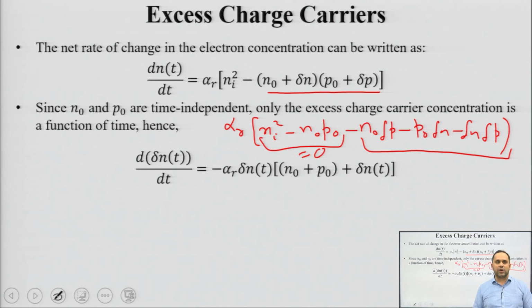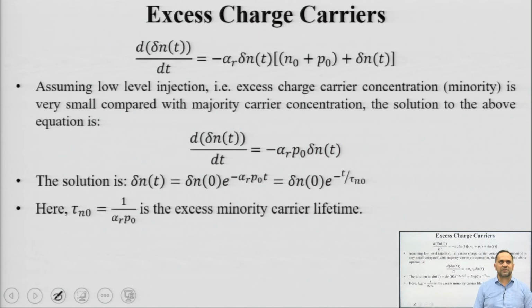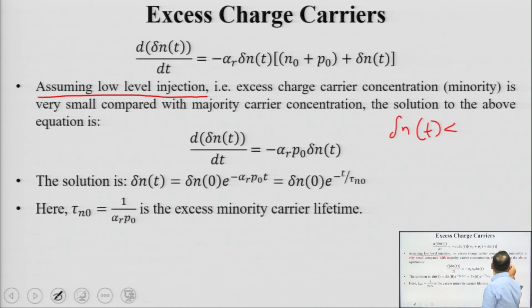which is known as low level injection. Okay. So, we make a small assumption known as low level injection, which is quite a reasonable assumption, because in any semiconductor, if the excess charge carriers, especially the minority carriers, are small as compared to the majority carrier concentration, then this assumption is valid. Which basically means that if this is an n type semiconductor, or say a p type semiconductor, the minority excess electrons will be quite less as compared to the majority hole concentration.